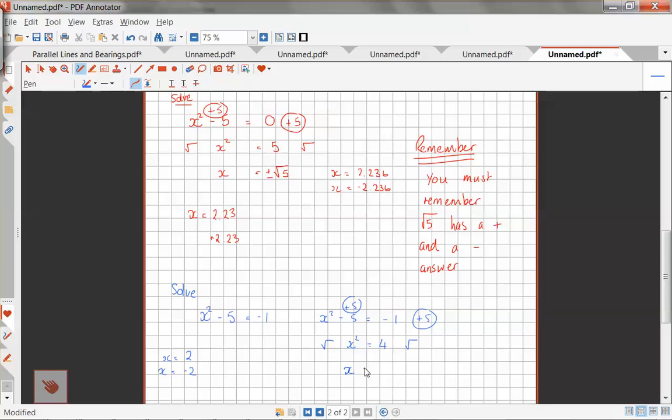So that gives me x equals root 4, which is 2 and minus 2. So we get the same answers. Happy with that? Good. So you've got 2 ways to do this now.